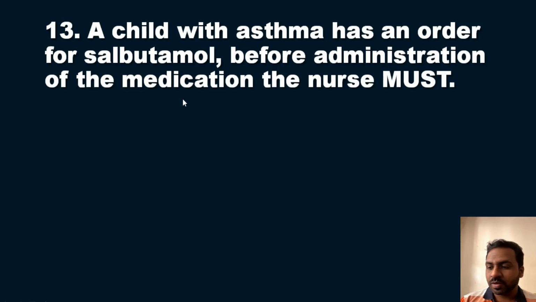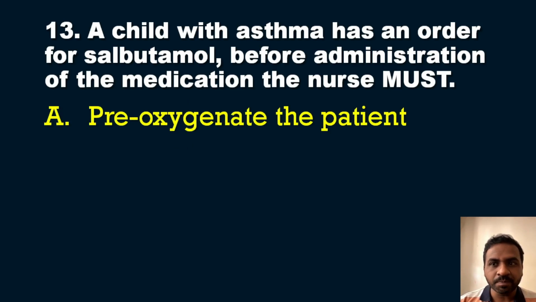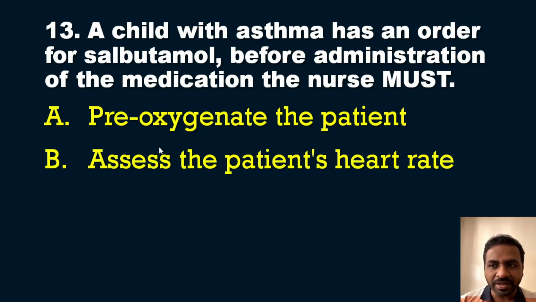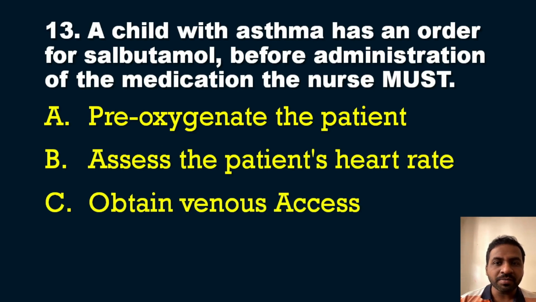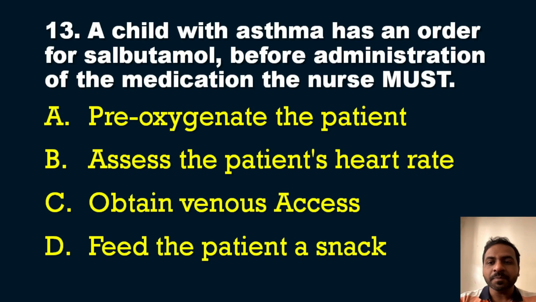Okay, so the options for you are: option A, pre-oxygenate the patient; option B, assess the patient's heart rate; option C, obtain venous access; and option D, feed the patient a snack. So what will you do for a child with asthma receiving salbutamol, before giving salbutamol?